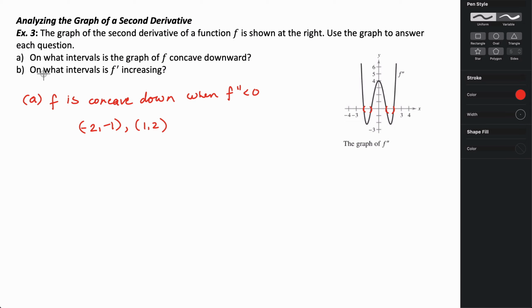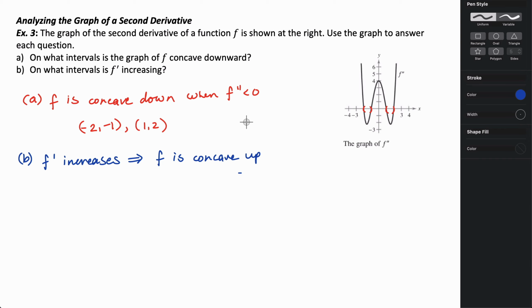And then part B is asking, when is f prime increasing? So if f prime is increasing, remember by definition, that means that f is concave up.